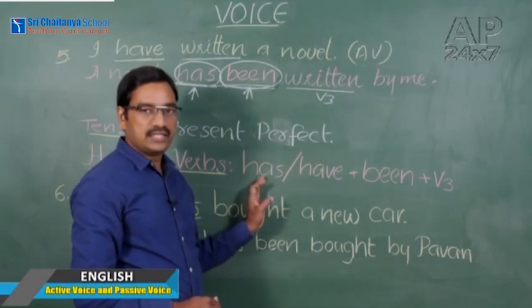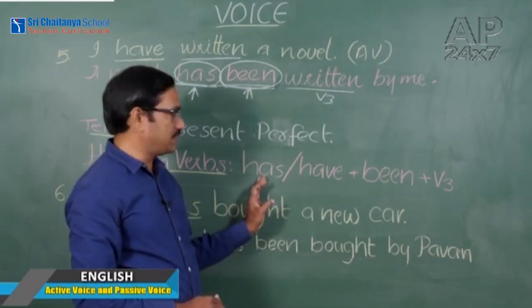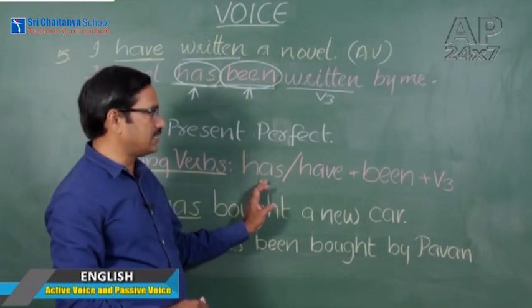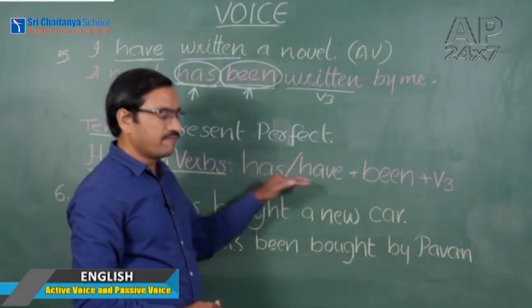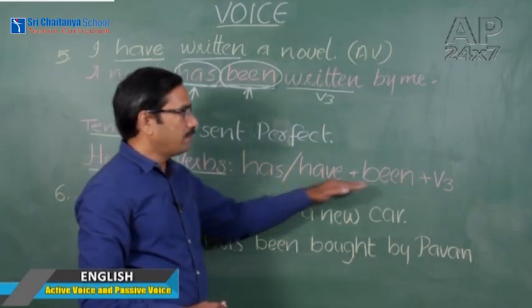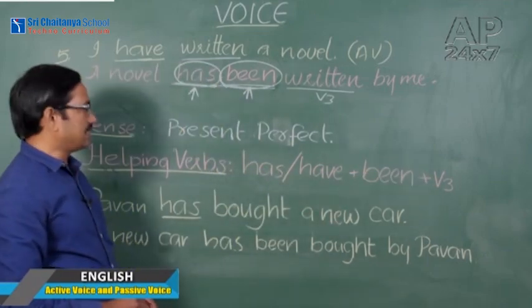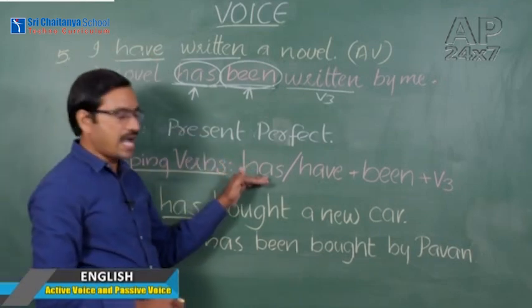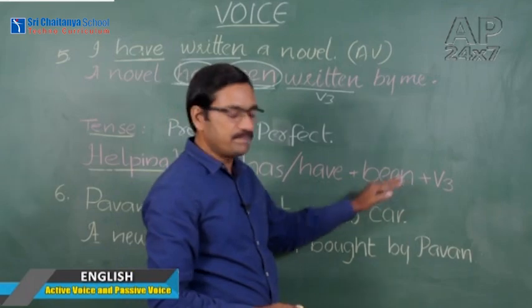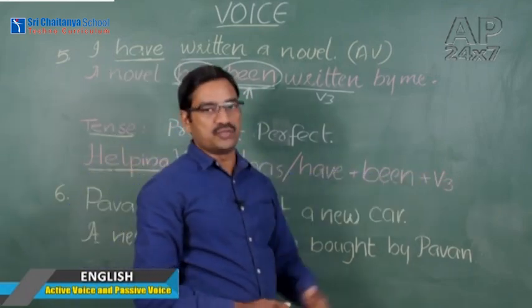He, she, it, and singular subjects take has as the helping verb here. And been is common for has and have plus V3, present perfect passive voice. So the tense here is present perfect. Helping verbs are has or have plus been and V3 as usual.